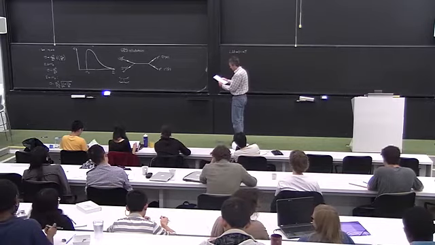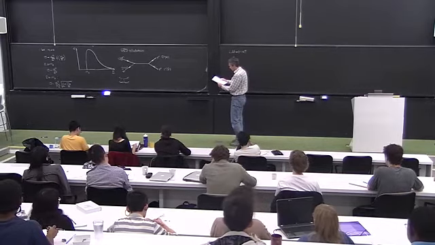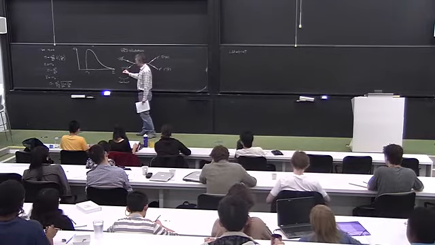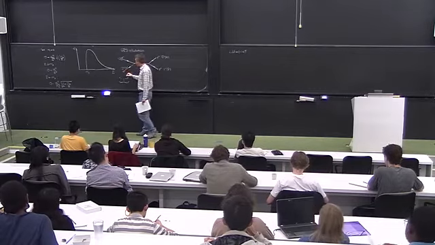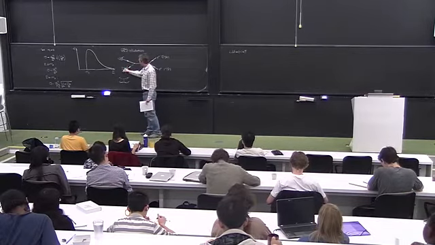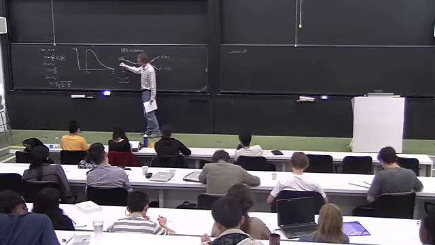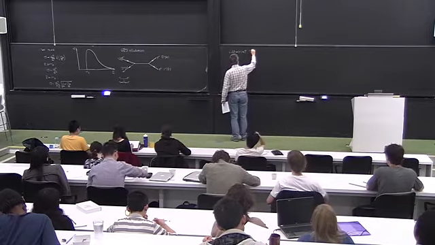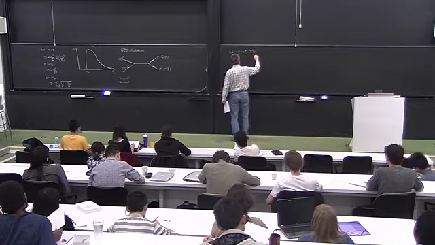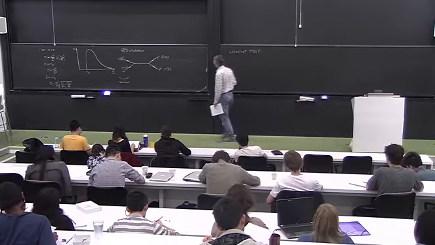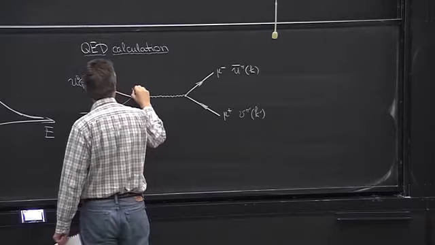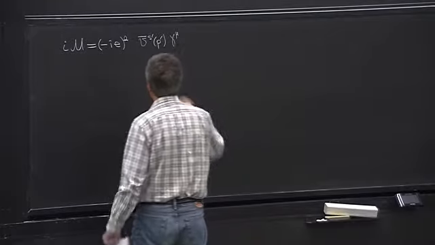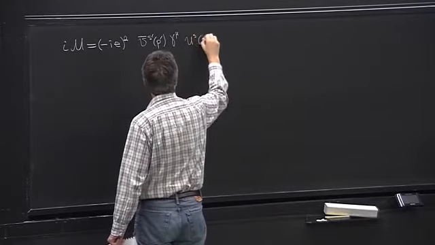Okay, so let's see. All right. So what we do is we multiply factors for each fermion line, going from its end to the beginning. So here what we have is v bar s prime of p prime gamma mu, let's say that the index here is mu, u s of p.